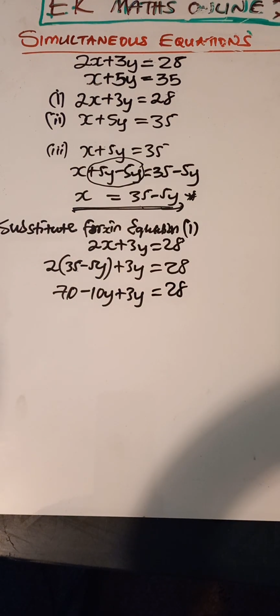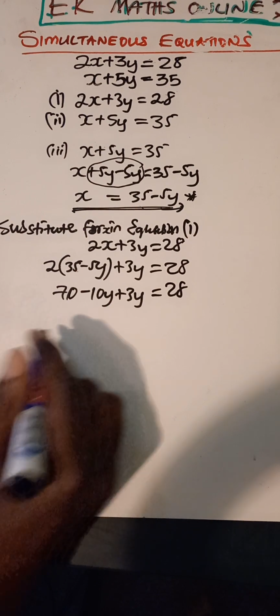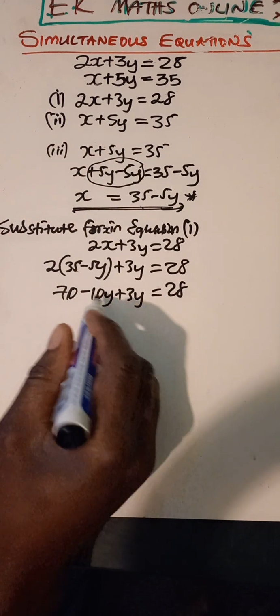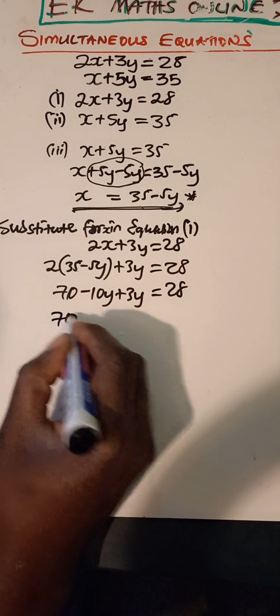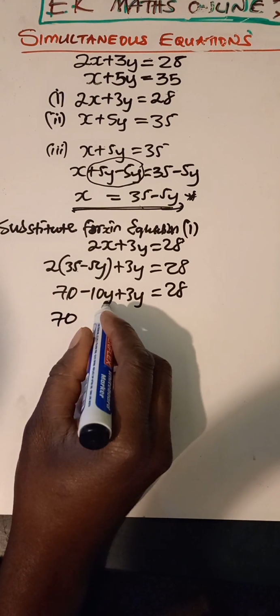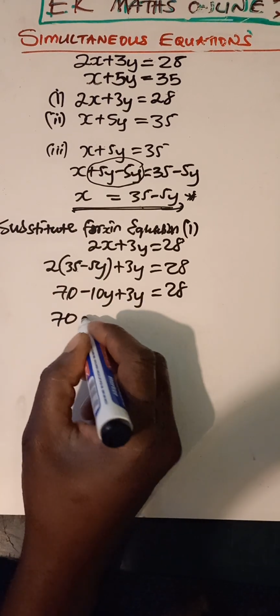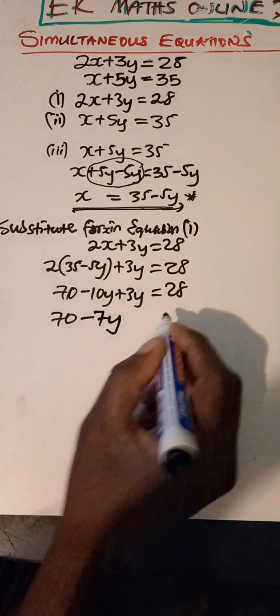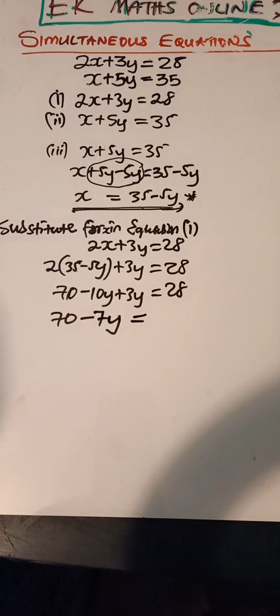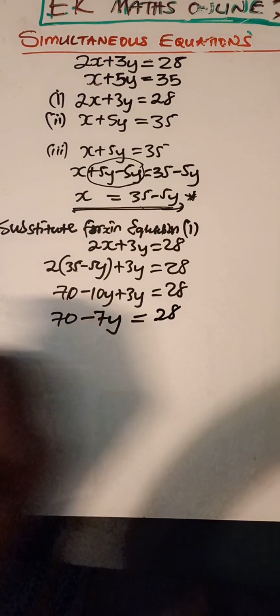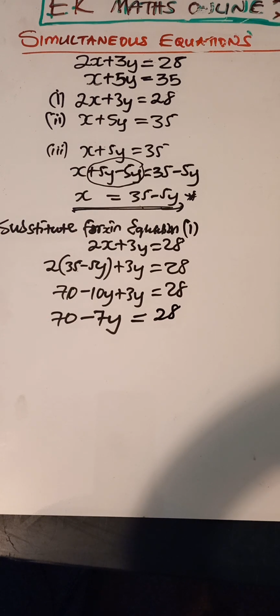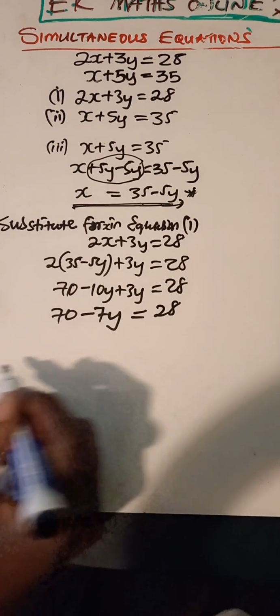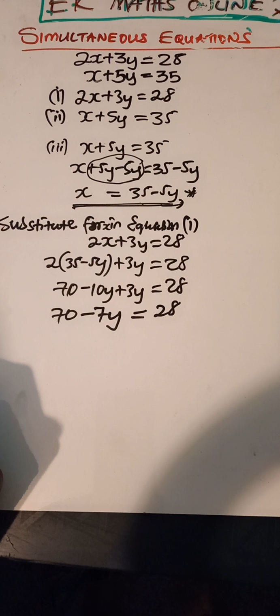Let's group our like terms. Once we have something like this, we're going to add here: minus 10y plus 3y is equal to minus 7y, and then 70 minus 7y is equal to 28. Right. So what do we do now? We still have 70 here.